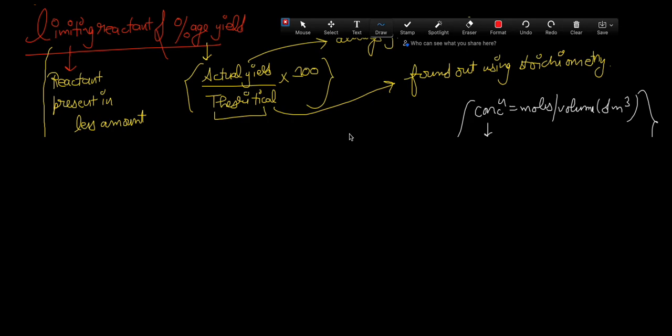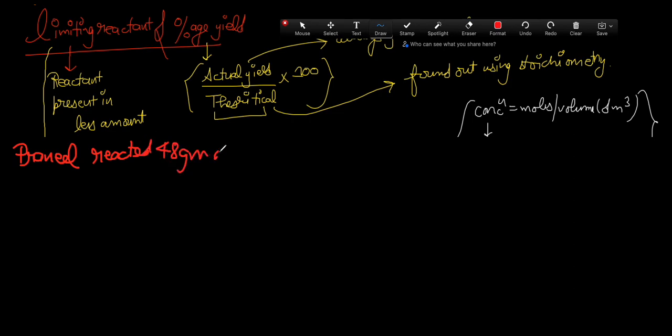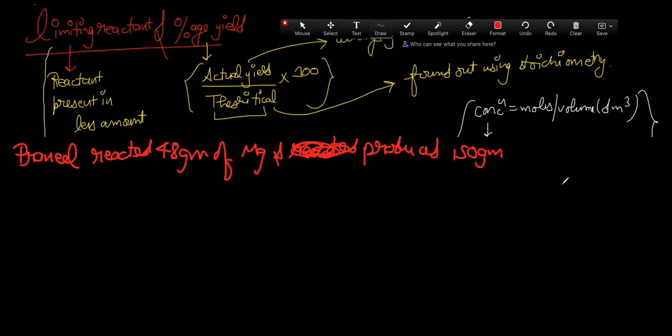Okay, so let's try this question that Praneel reacted 48 grams of magnesium and produced 150 grams of MgSO4.